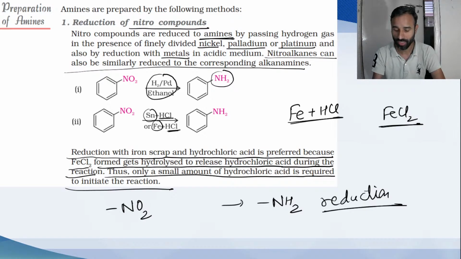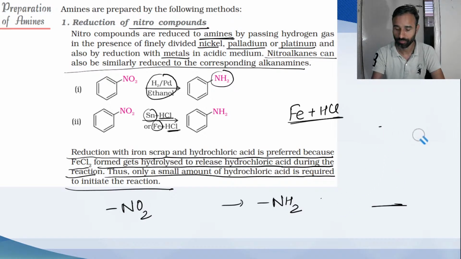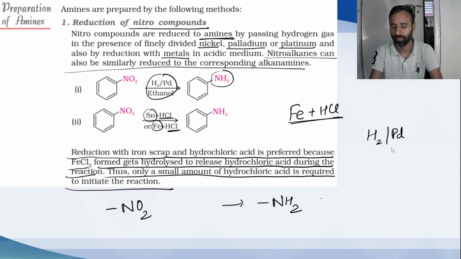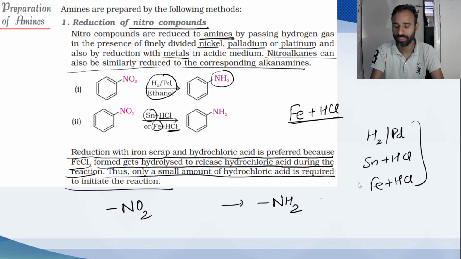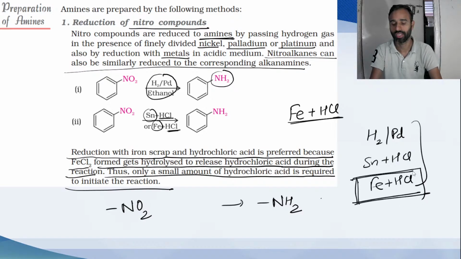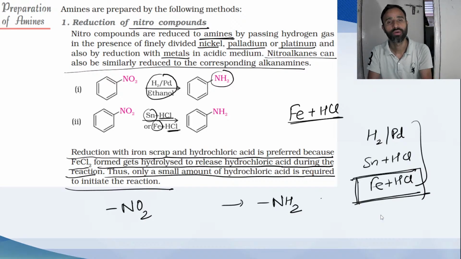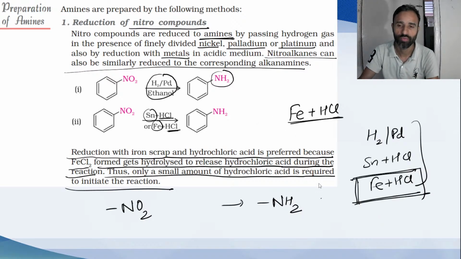So keep in mind there are three reagents: H2/Pd, nickel, platinum, or Sn/HCl and Fe/HCl. But the best one is Fe/HCl, because FeCl2 is formed, which is hydrolyzed back to get HCl, and therefore a small amount of HCl is required. Only scrap iron is used, which is not very costly.